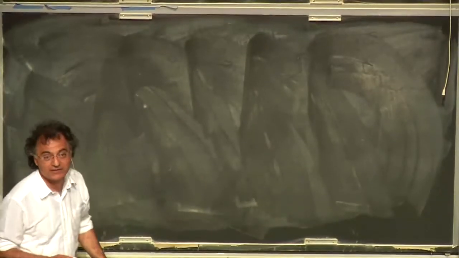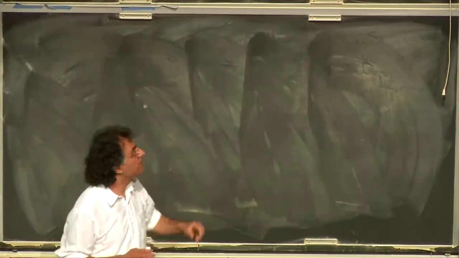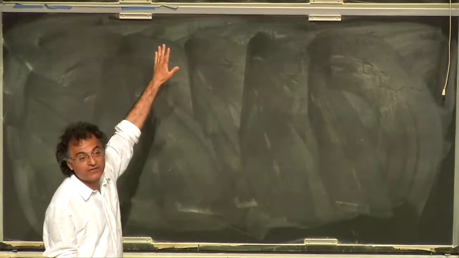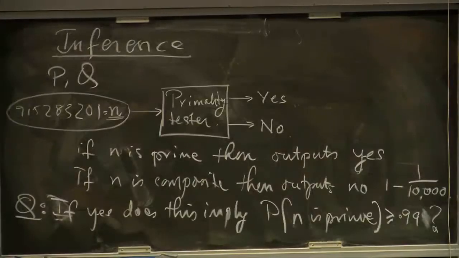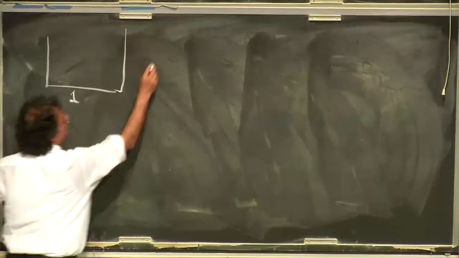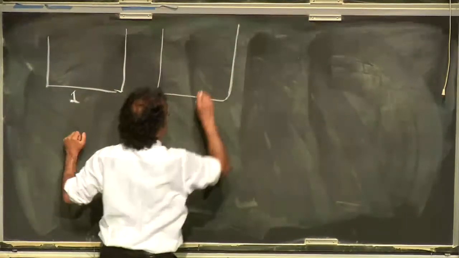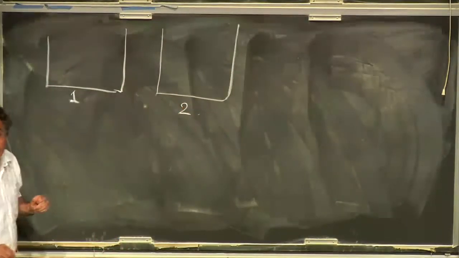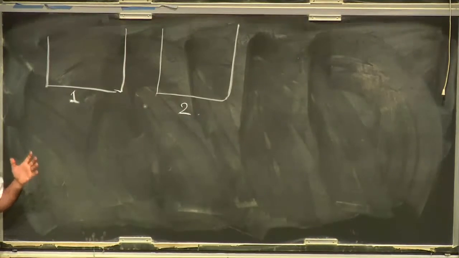So now, the way that we can describe all these inference problems is in a certain framework. The framework is like this. We are given two bins labeled 1 and 2. Each of these bins has some black balls and some white balls in it.